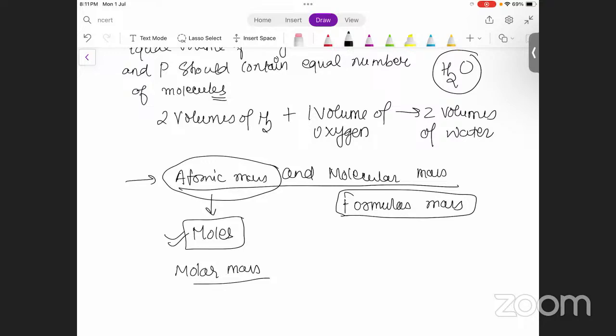From where did this unit come? Why are we not using any other number or any other unit? So there we will see how we came up with the mole and how using this value makes all of the things easy for us. So these are the things.